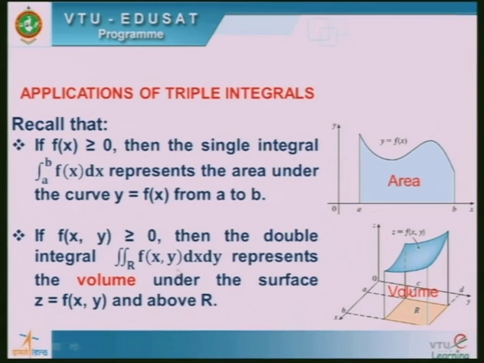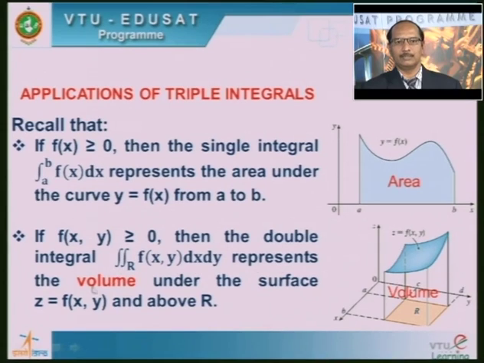In a similar manner, for a function of two variables, if f(x, y) is greater than or equal to 0, then the double integral of f(x, y) dx dy over the region R, where R is in the xy plane, represents the volume under the surface and above the region R.